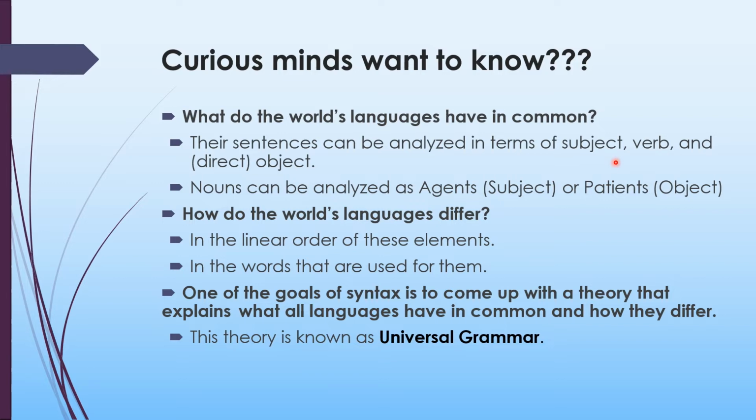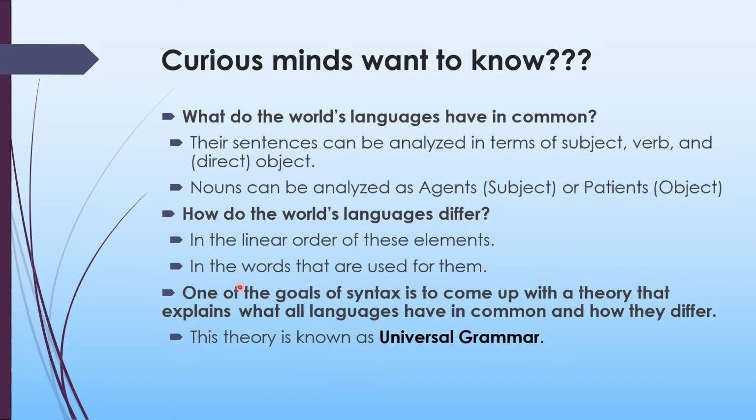For example, in order to constitute a Bangla sentence, you will have first subject, then you will have object, and the sentence may end with a verb. But in English sentences, the sentence will start with a subject followed by a verb and it will end with an object. So that's the difference.